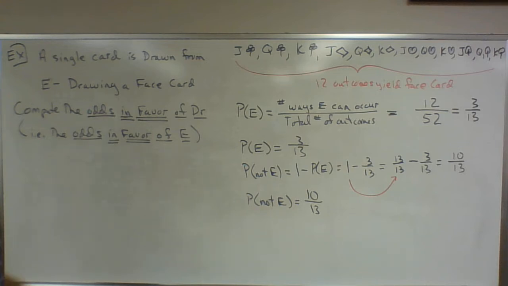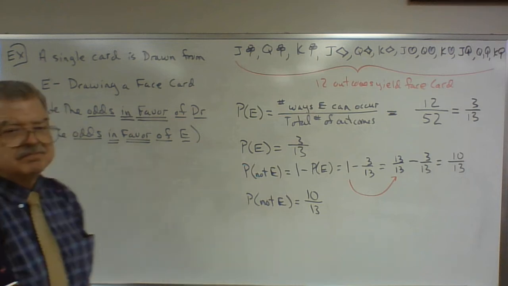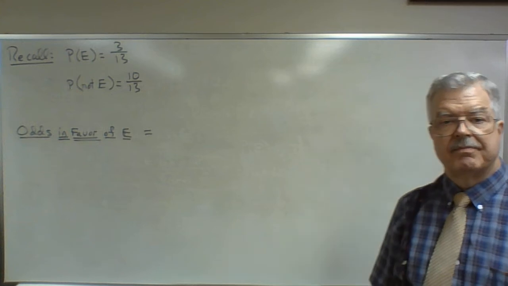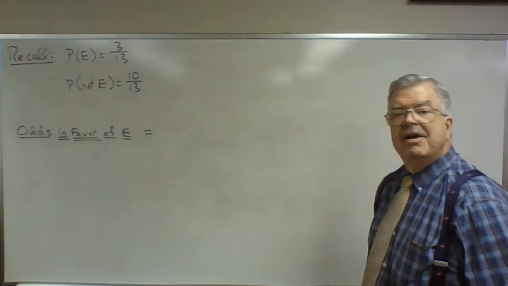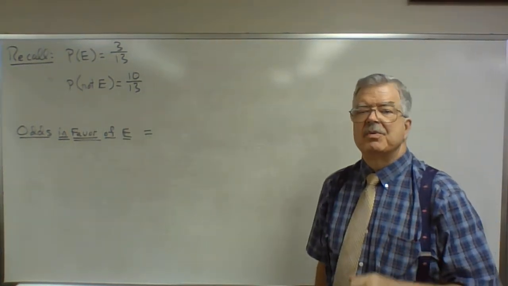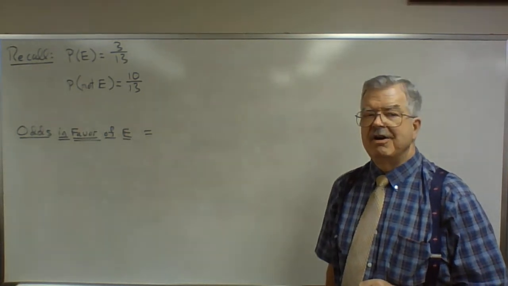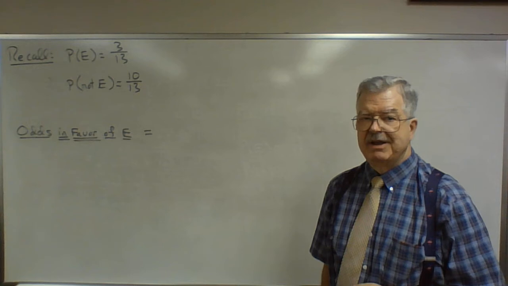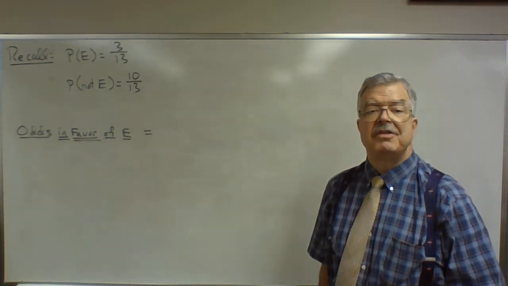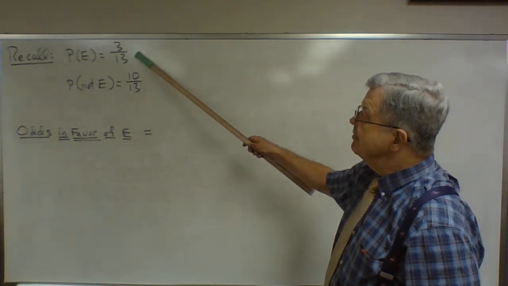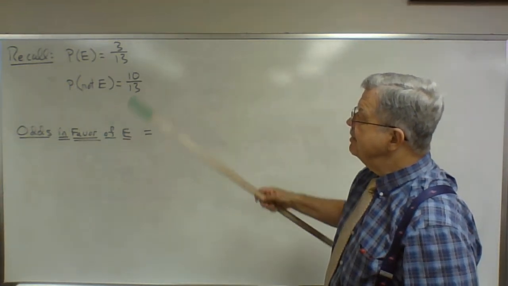Now I'm going to erase some of the board. Recall that the event that we're looking for is selecting a face card from a deck of 52 playing cards. So E is the event that we draw a face card. The probability of E occurring is 3 over 13.